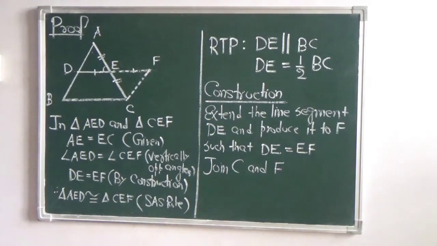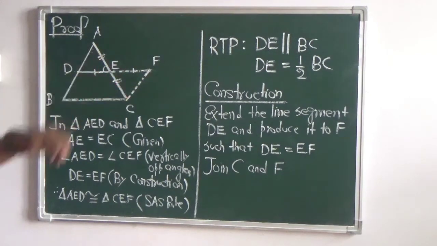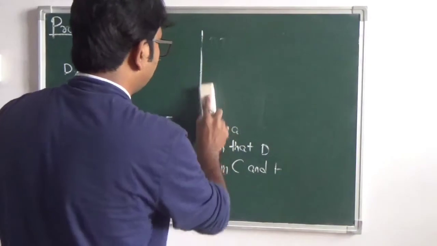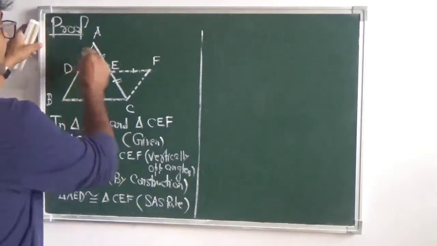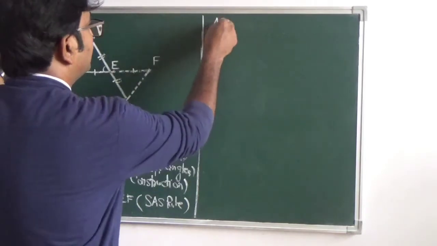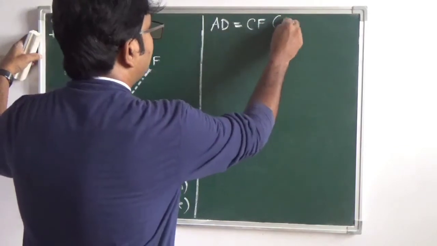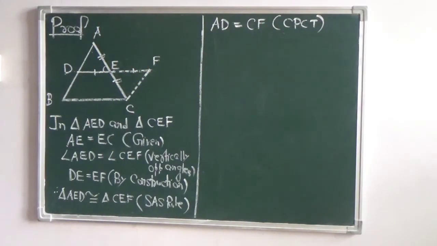Now that we have proved that the two triangles are congruent, what we can say is that AD equals CF, CPCT, corresponding parts of the congruent triangles.